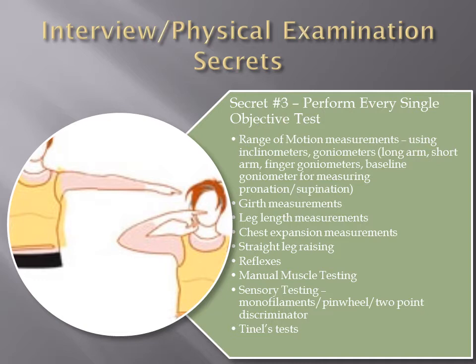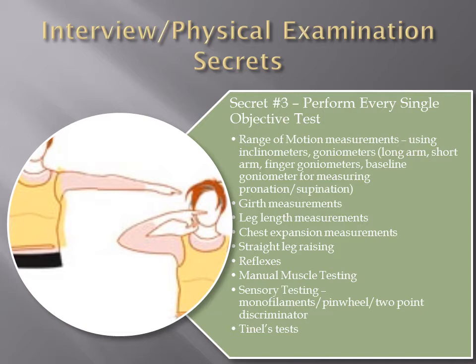We use inclinometers to obtain straight leg raising measurements. We use reflex hammers for obtaining reflexes. Those are objective tests. Manual muscle testing is an objective test. It has a subjective component to it, but it requires a numerical assessment, so it qualifies as an objective test.